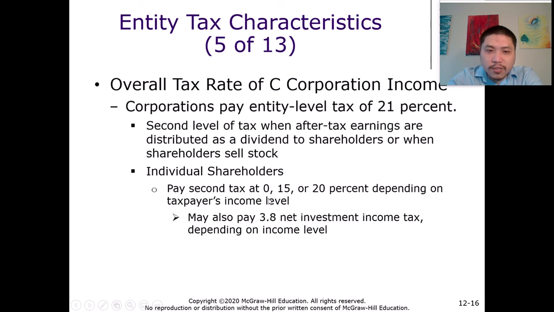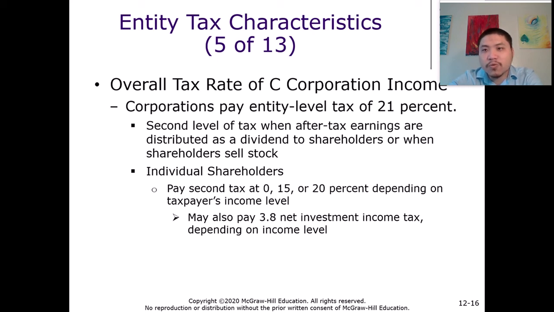And we know the individual shareholder pays the preferential tax rate on qualified dividends. And if they decide to sell the stock of the company, and they hold the stock for more than 1 year, then they pay the preferential tax rate on the gain.